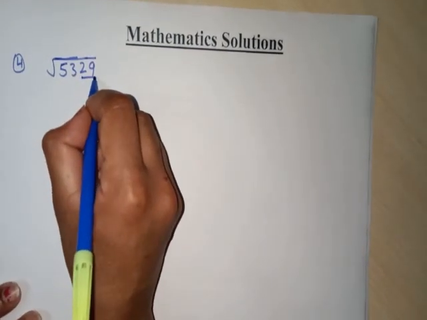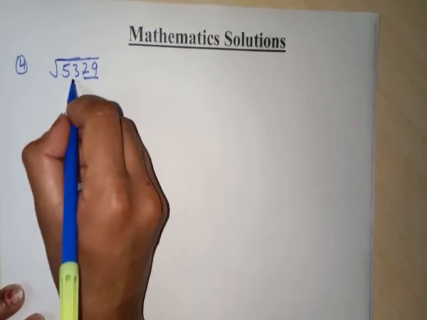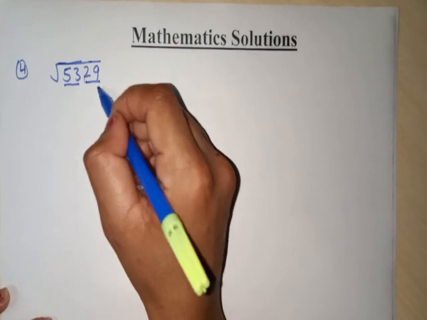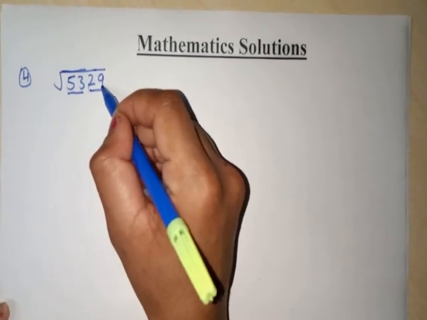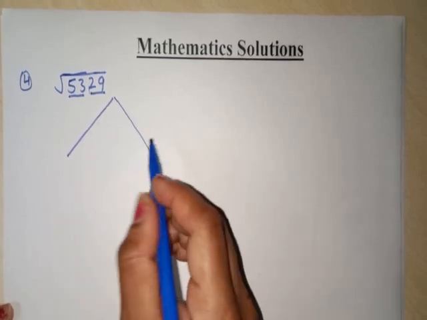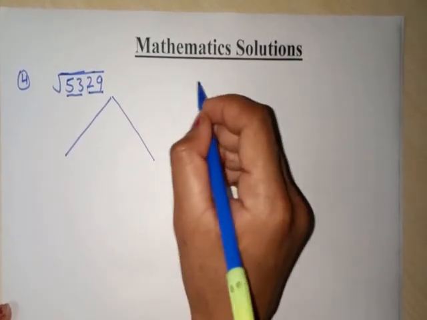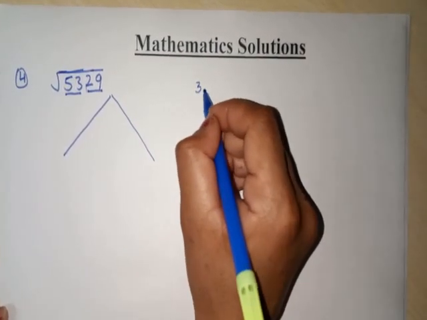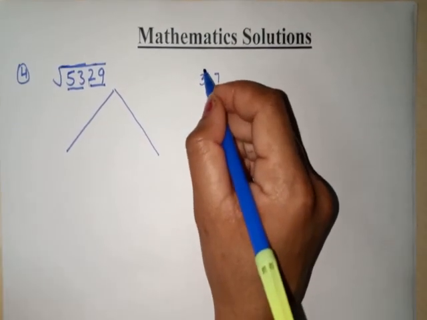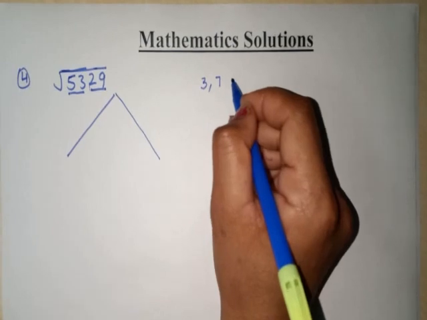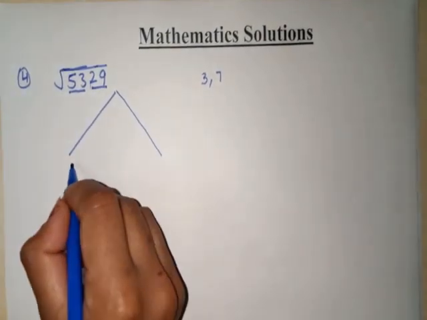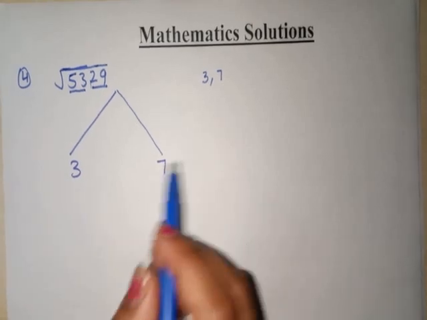First of all, pair from the last two digits and pair the rest of the digits. Now here the unit digit is 9, so the unit digit in the square root of this number will be 3 or 7, because in the square of these numbers the unit digit is 9. So we write both 3 and 7 here.